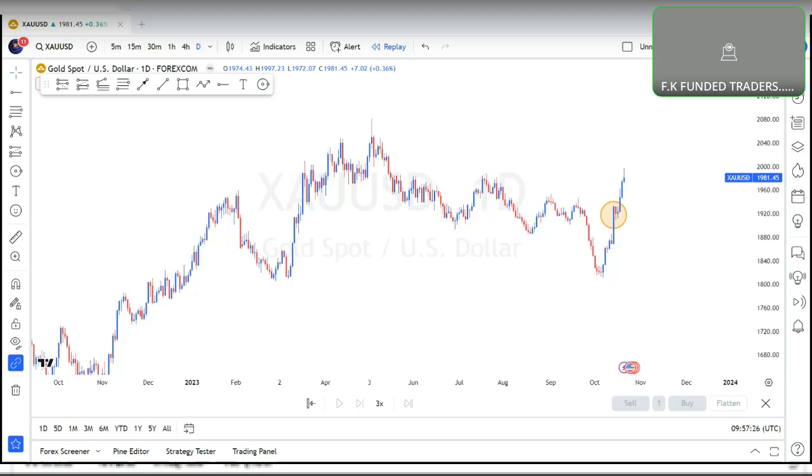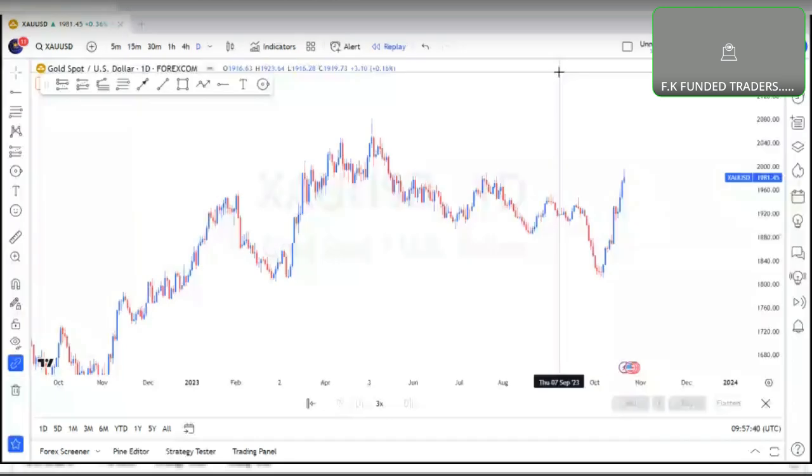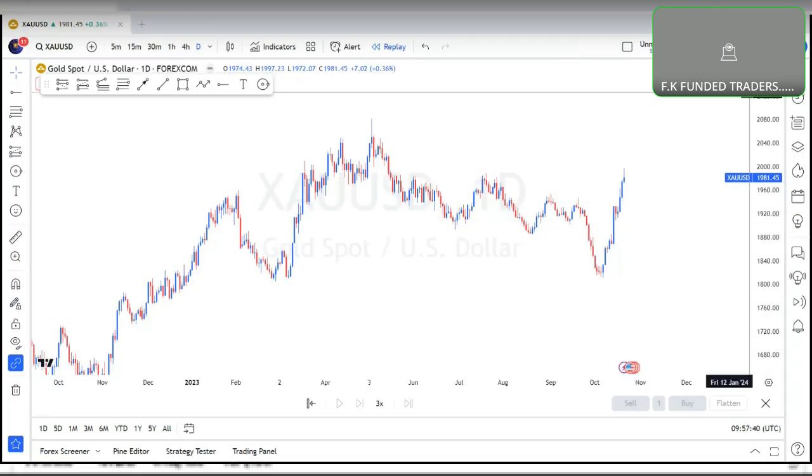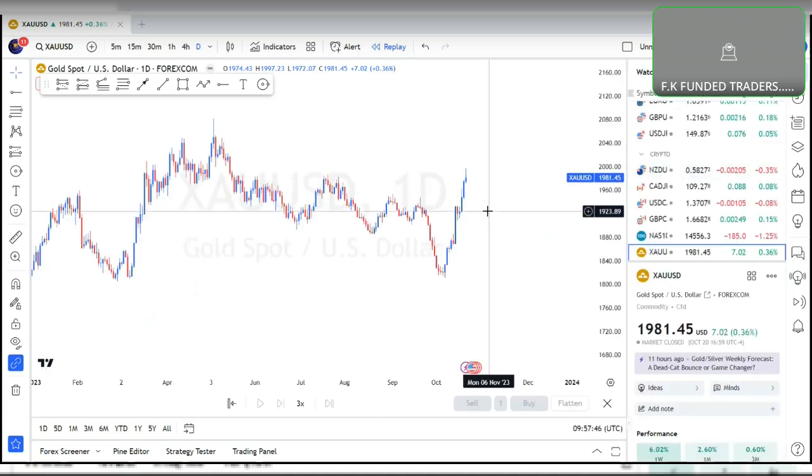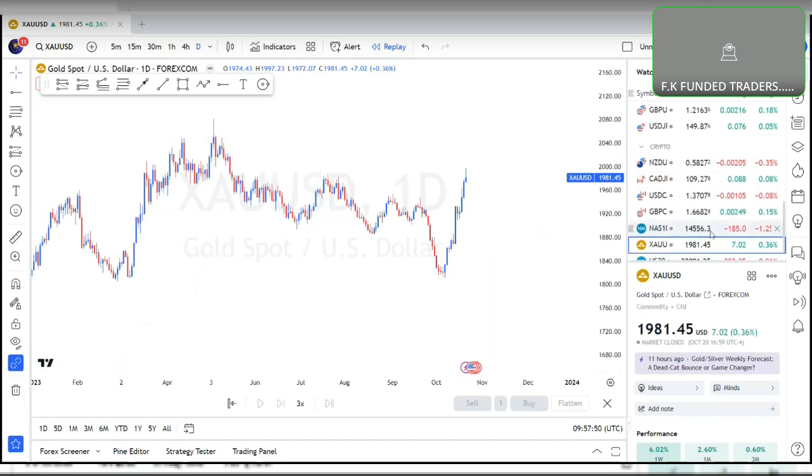Since I'm having no questions, allow me to take you to one of the pairs, either the US 30 or NAS 100. How are we supposed to analyze the market? What we have all agreed upon is that we're having more chances of selling than buying gold.